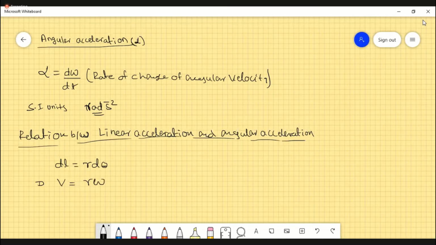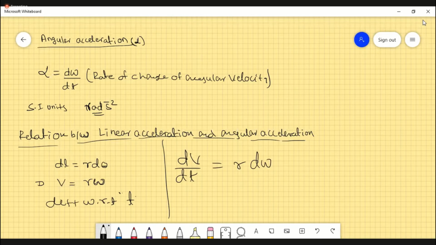Again differentiate this with respect to t. Then dv by dt equals r into d omega by dt. What is dv by dt?